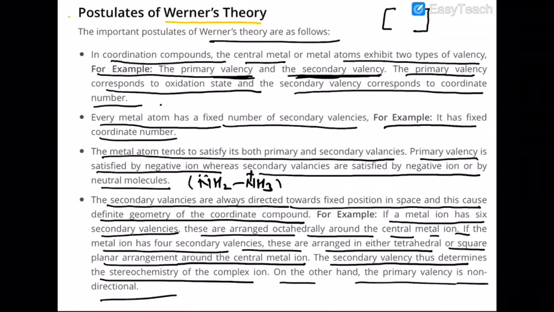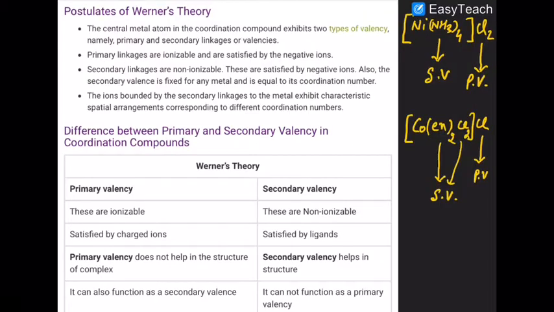So please make sure that you have all these things well established in your mind now. Now let's look at what we have already learned once more. Here I have given you one example. The example is tetraamminenickel chloride. These two chloride ions are outside the coordination sphere, so they are called PV, that is, primary valencies.